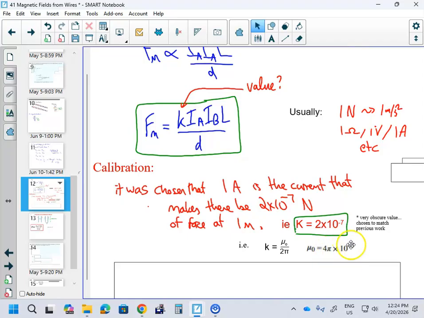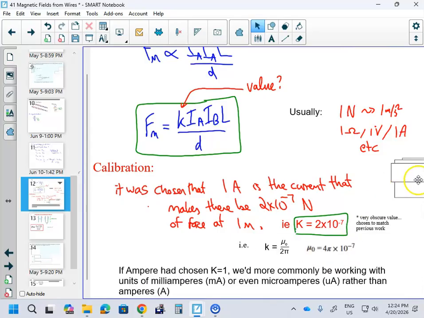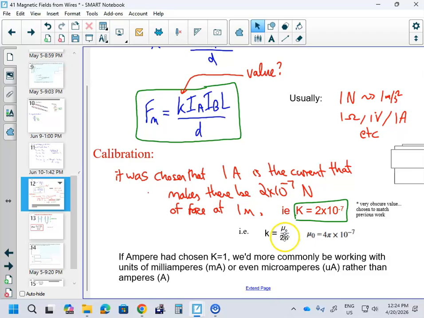So that gets rid of the 10 to the 7 and drops this down to being just a 2 pi, which you'll see happen in the calculations if you want to simplify it instead of calculating all the numbers. Yeah, so if a different proportionality constant was chosen, then our units for amps would be much different. We'd be used to working with different calibers of amperage in circuits.